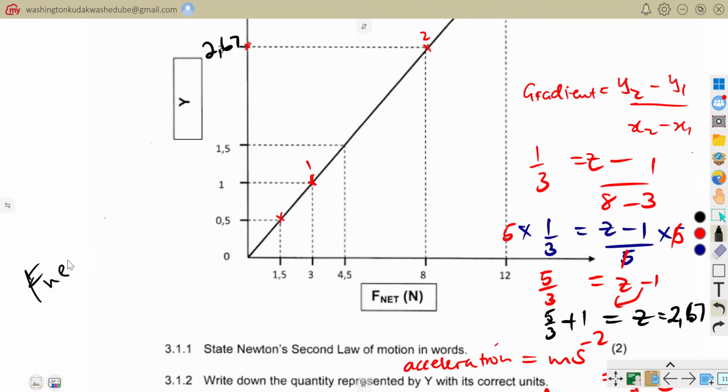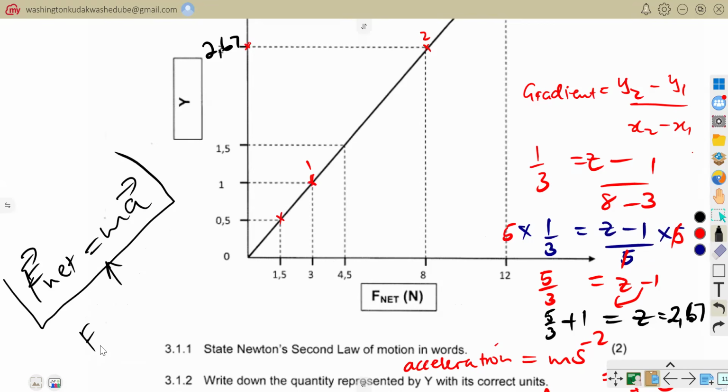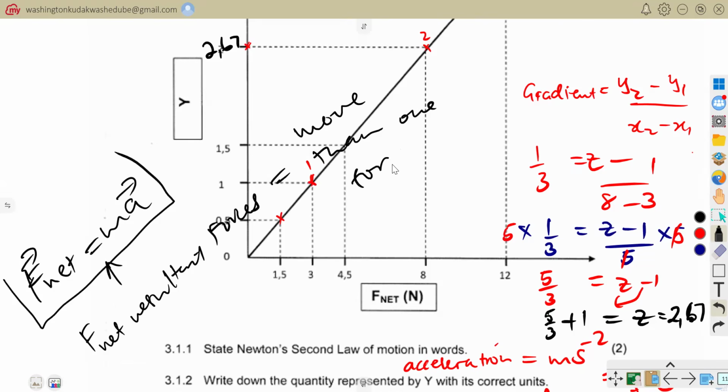We now know this law, that net force is equal to mass times acceleration. We now need to apply this law in determining the net resultant force, given that we have got more than one force acting on a board.